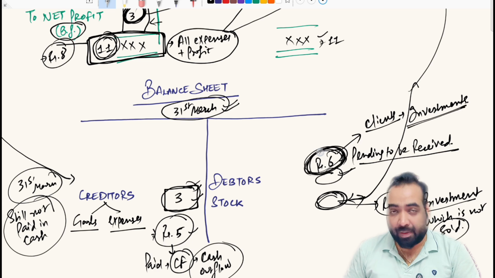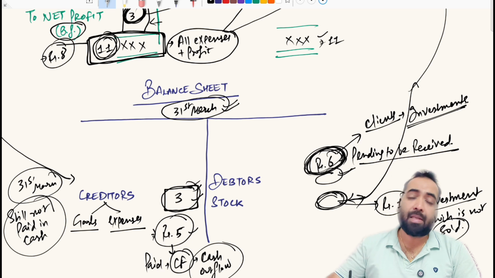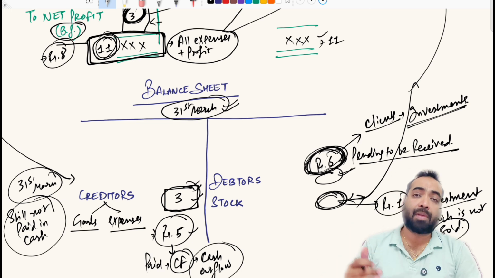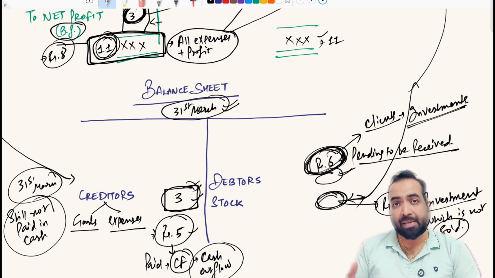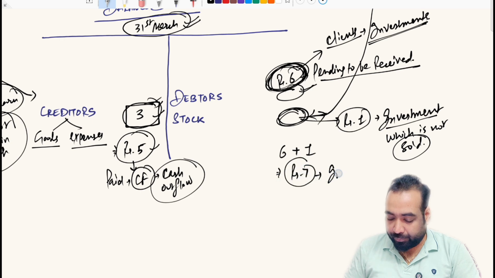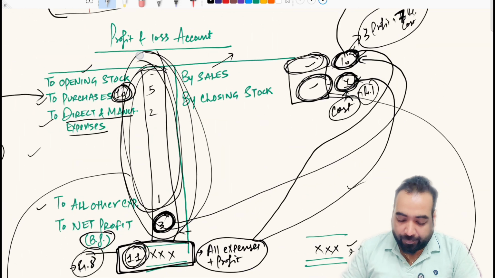You are not able to recover these 6 rupees from your clients, and the bank will presume that these 6 rupees remain outstanding from your customers throughout the year, that this amount remains receivable throughout the year. So these 6 plus 1 rupee is the 7 rupees investment done by you for all of these expenses and profits.